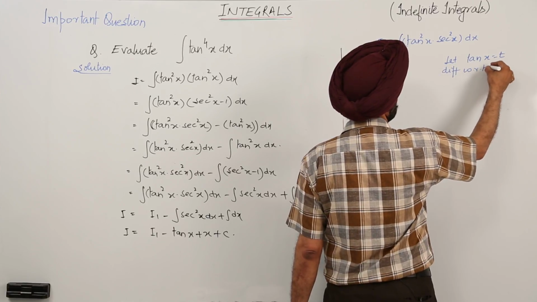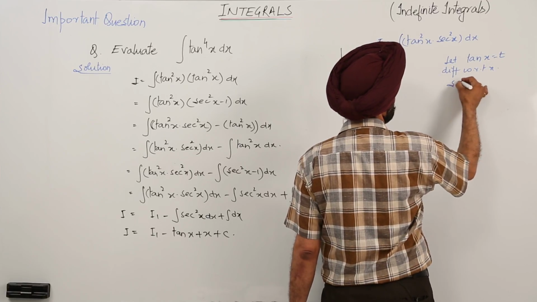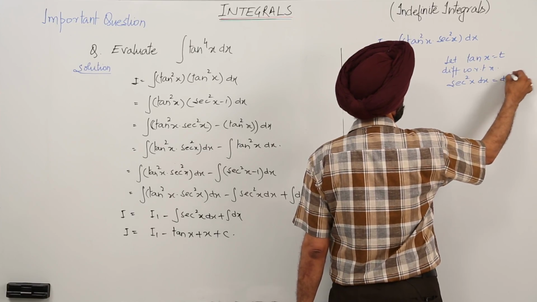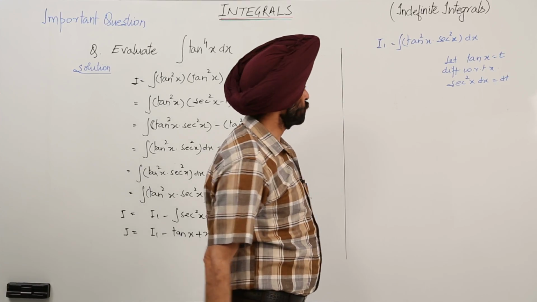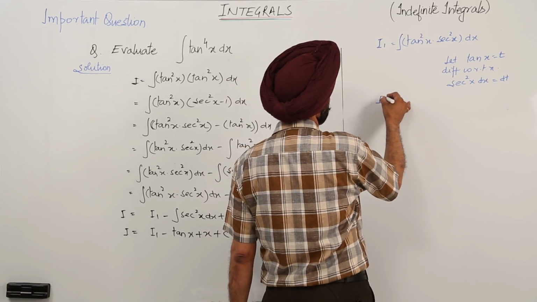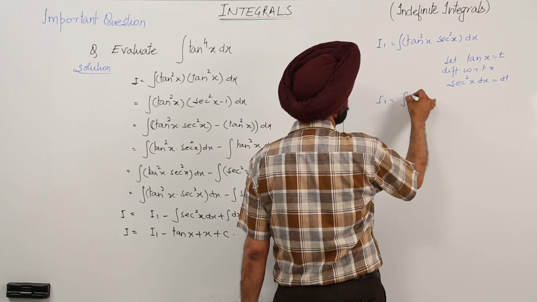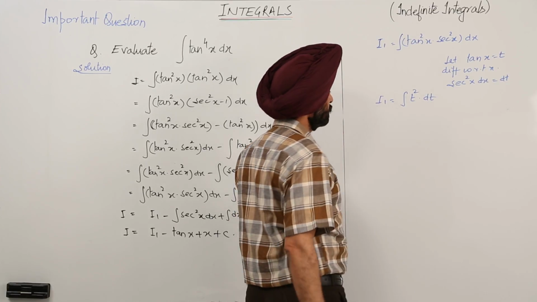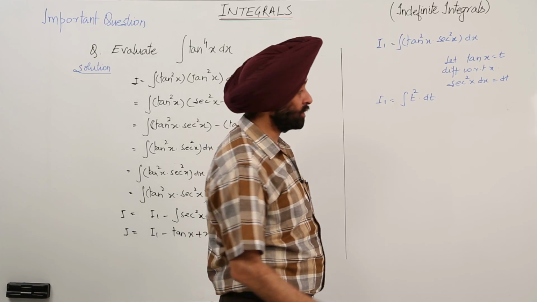Differentiating with respect to x, secant square x dx is equal to dt. So I1 becomes integration of t square dt, because tan x is t.